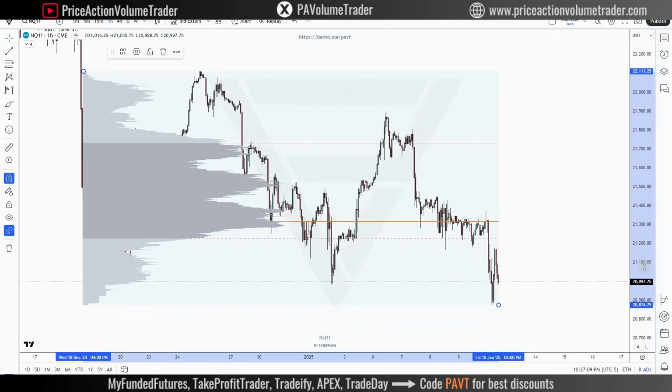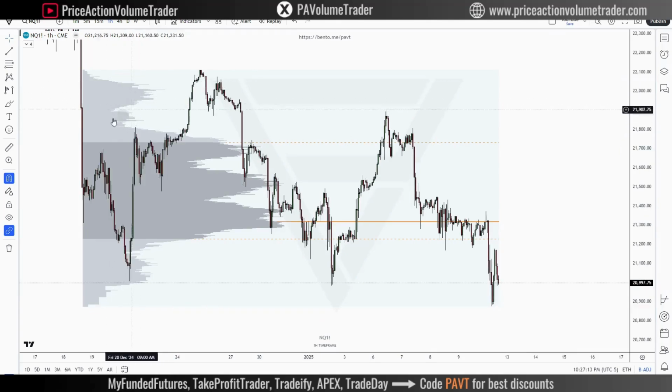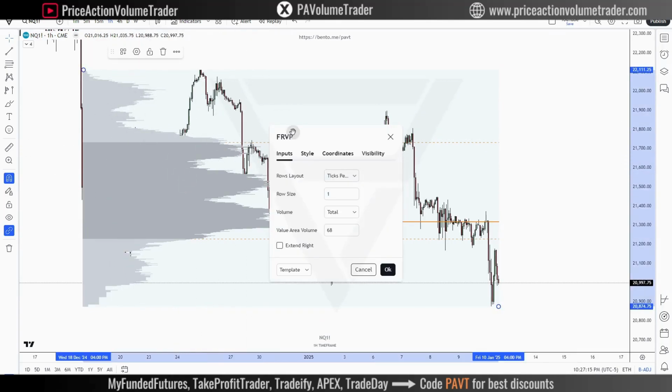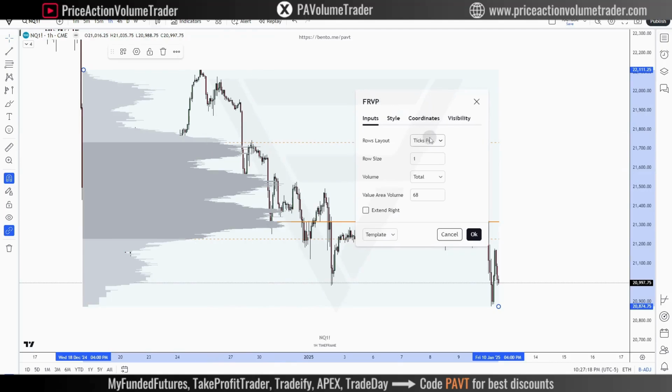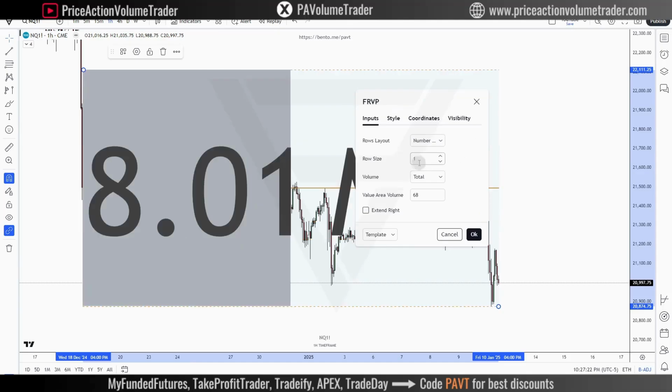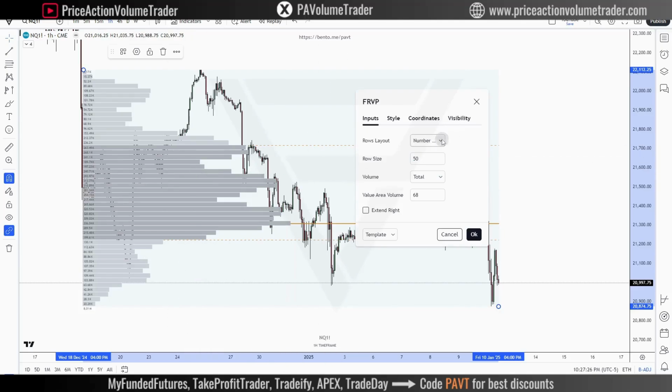And I like it to be very defined because that way I can really see the contours of the high volume nodes and low volume node areas. If I'm using number of rows, I want to use a big number, because when you use number of rows it's the opposite. The fewer rows you use, the chunkier it's going to look, because this is going to be based on the price scale.